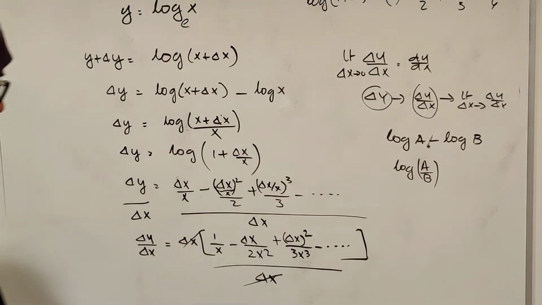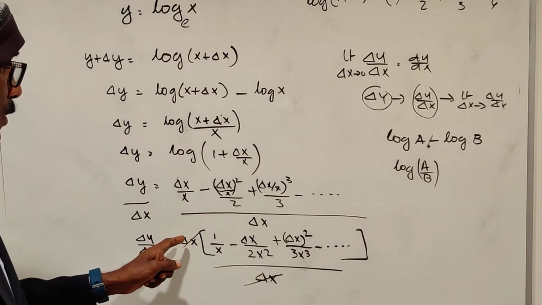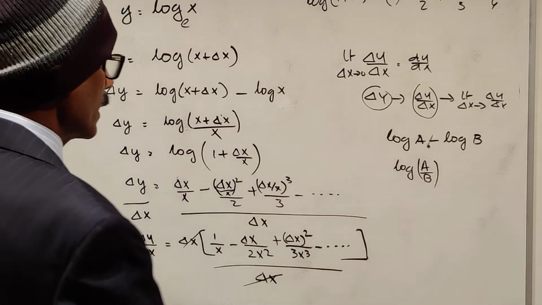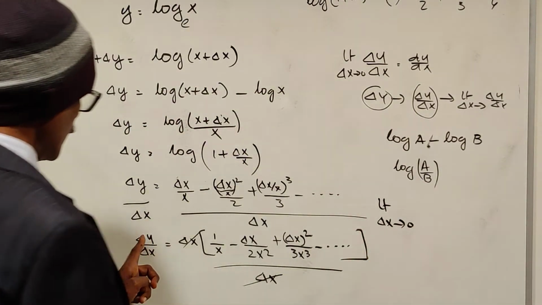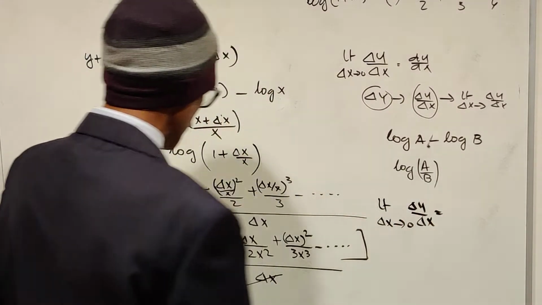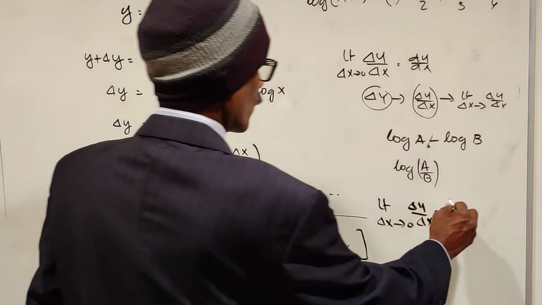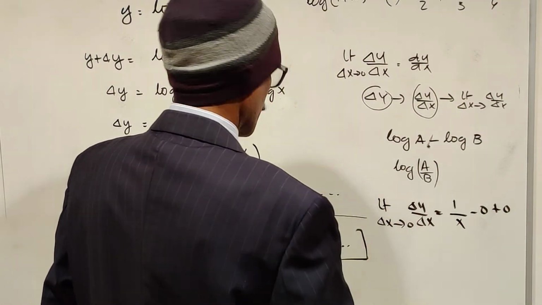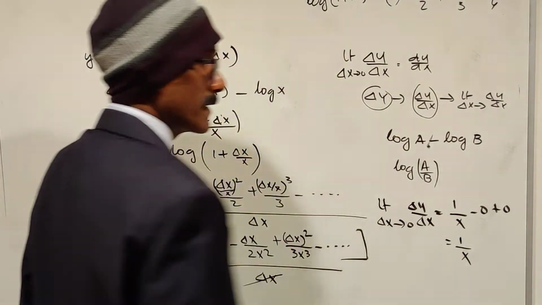Delta x you can cancel out. So after cancelling numerator and denominator, then put the value of delta x here. So the limit as delta x tends to 0 of delta y by delta x equals, see, 1 by x minus 0 plus 0 plus 0, that is 1 by x. 1 by x is the answer.